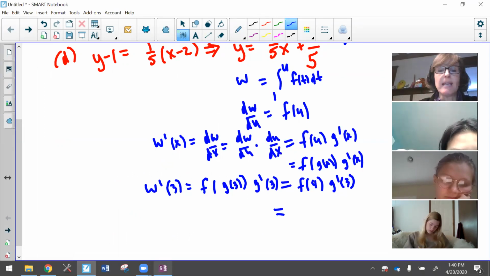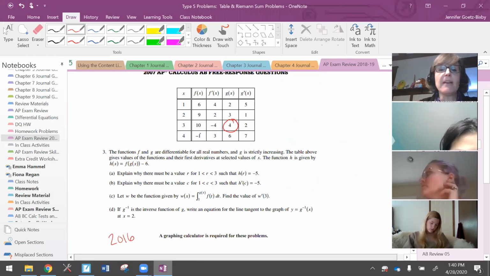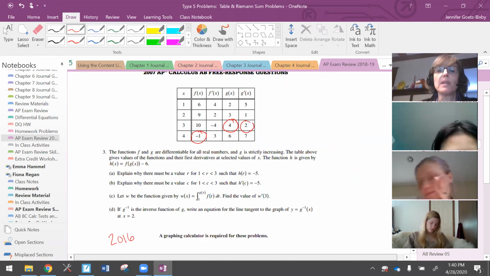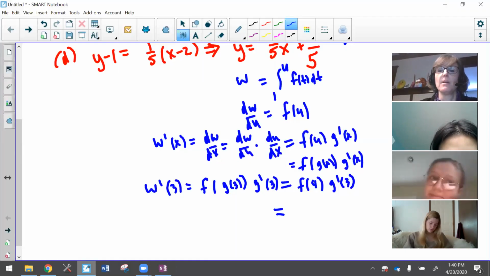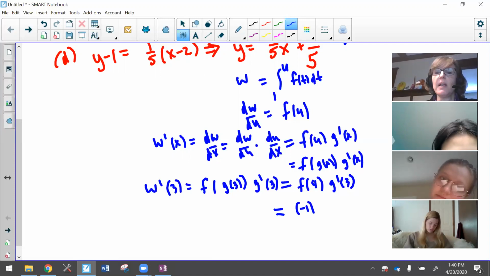And then I go back to the table again. Well, f of 4 is -1 and g prime of 3 is 2. So this is going to be -1 times 2, or -2.